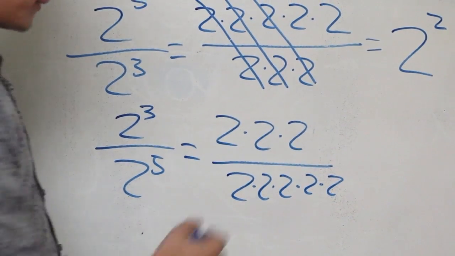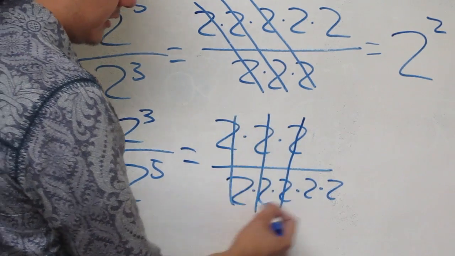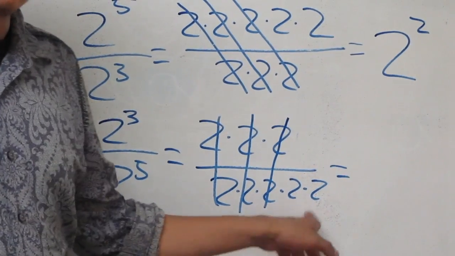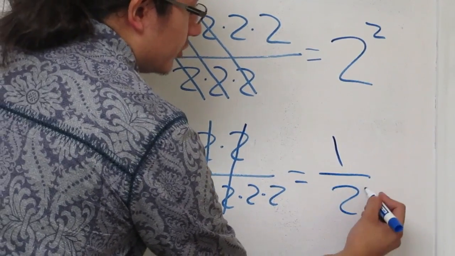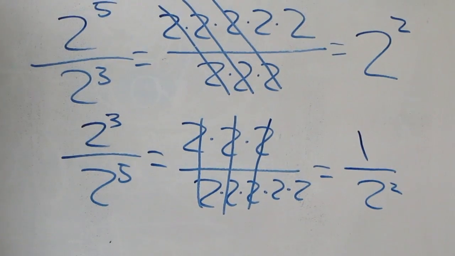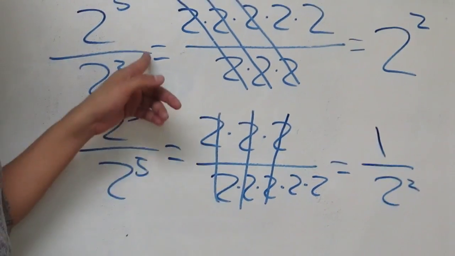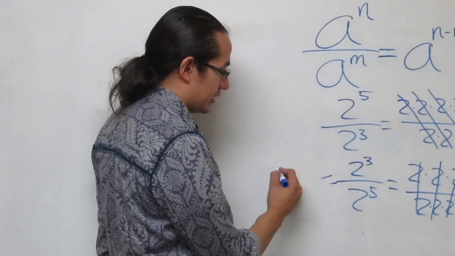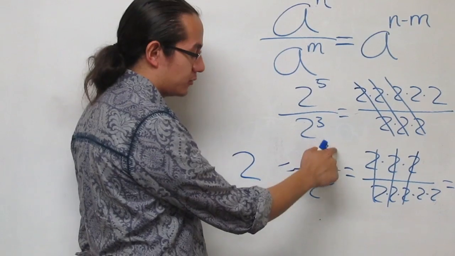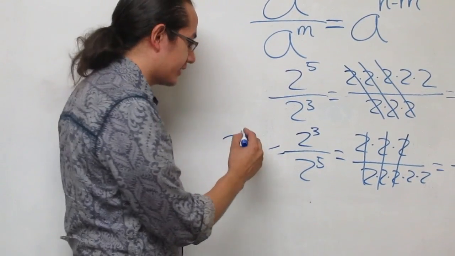So what happens now? I'm actually left with, if you notice, 2 2's on the bottom this time. So I'm going to have 1 over 2 squared. And if you remember, well, we have to subtract these, right? So this is actually the same thing as 2, and since we subtract this one from that one, what's 3 minus 5? It's actually negative 2.